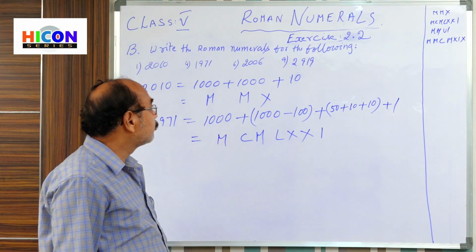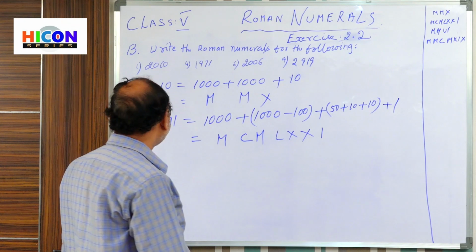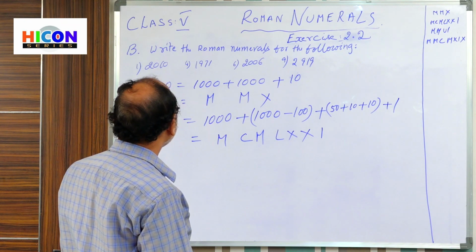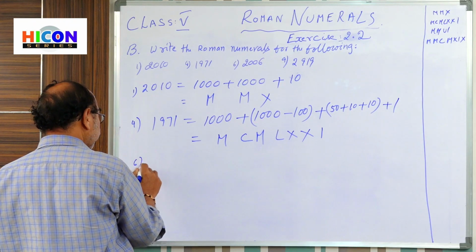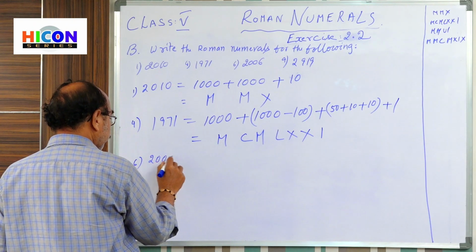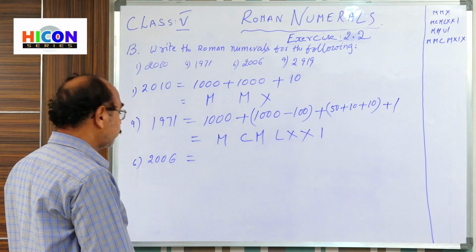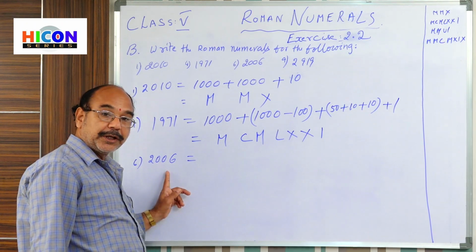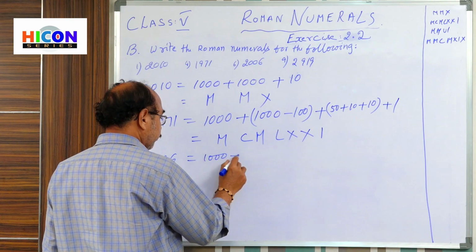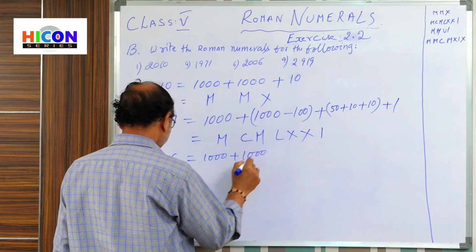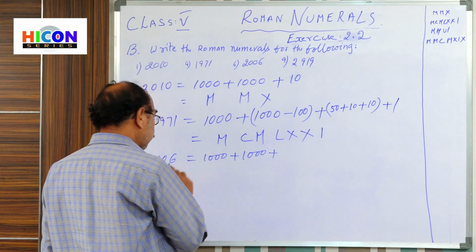Next, come to another one: 2006. 2000s are there, so 1000 plus 1000, 2000 complete.